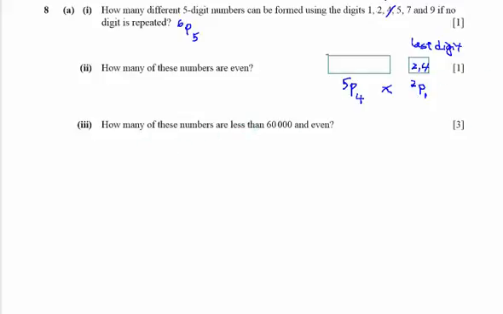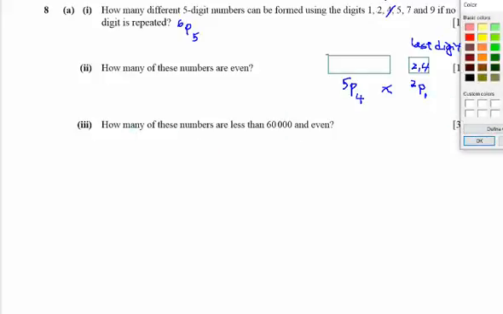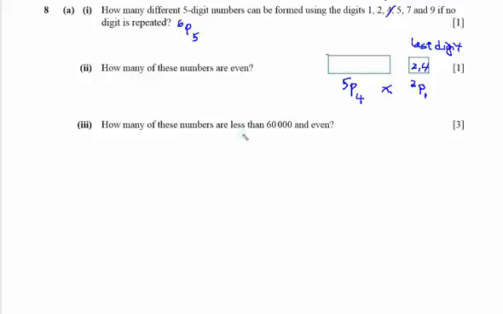Now the last one: less than 6,000, and you have an even number. So basically there are 3 different blocks. What determines whether it's less than or more than 6,000 is the first digit, am I right? So we're going to look at the first digit.